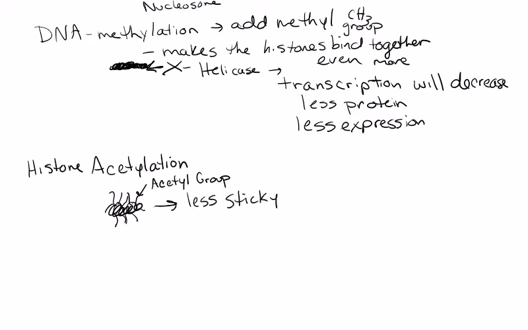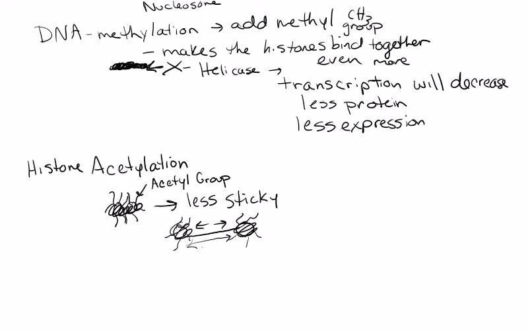Okay, so instead of being tightly coiled together, you might see the DNA here, and then on down the line, you might find another histone. It doesn't want to be close, because the acetyl group we added actually acts as a repulsion factor, and it will repel or cause these histone complexes to separate. They won't be as sticky. And so now the DNA isn't as tightly wound. We have these nice little stretches, okay, that are nice and open.